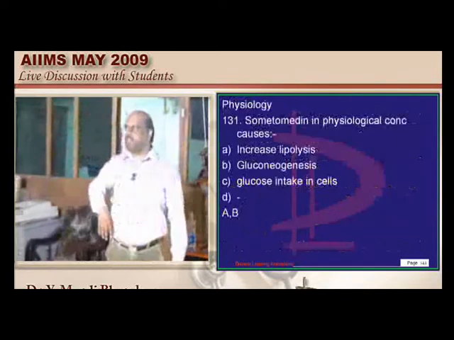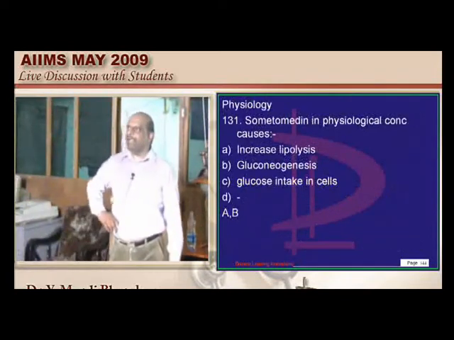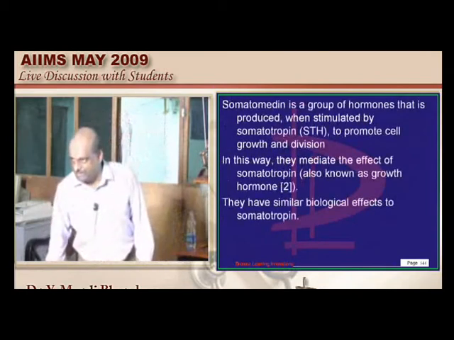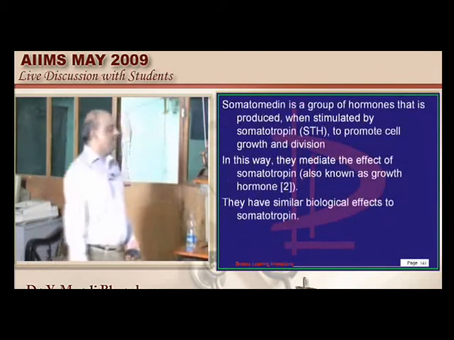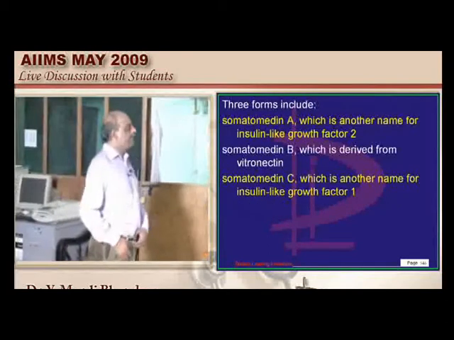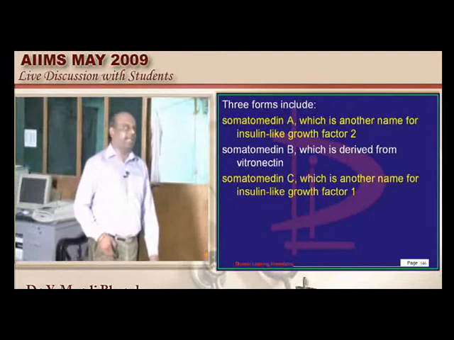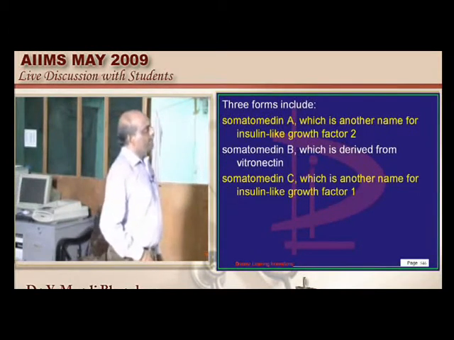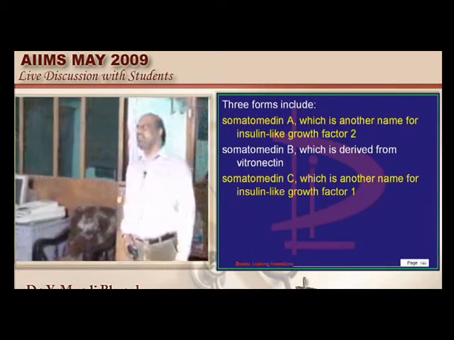Now what is the effect of somatomedin? Somatomedin is the mediator of growth hormone's effects. There are somatomedin A, B and C. Somatomedin A is also called insulin-like growth factor 2 and somatomedin C is called insulin-like growth factor 1. Basically, what is the effect of growth hormone?